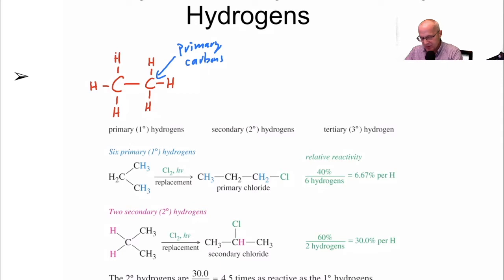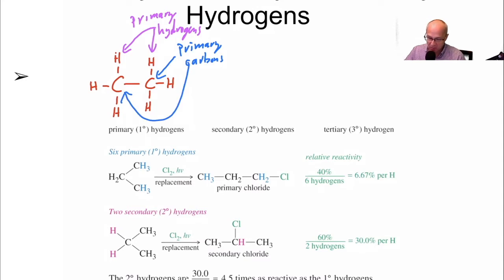And attached to the primary carbons are primary hydrogens. Okay, so these are both primary carbons. Attached to the primary carbons are primary hydrogens.